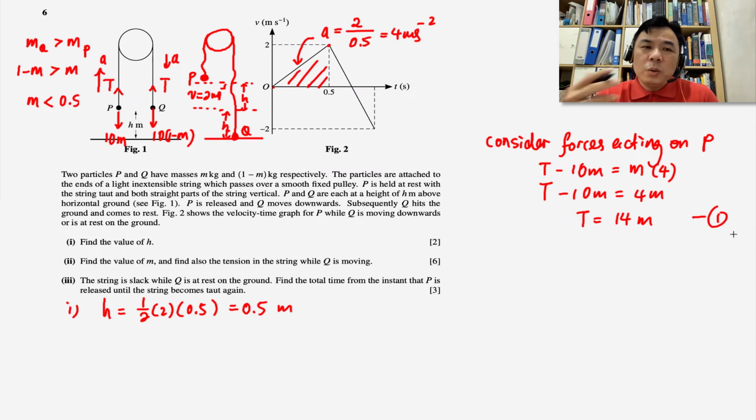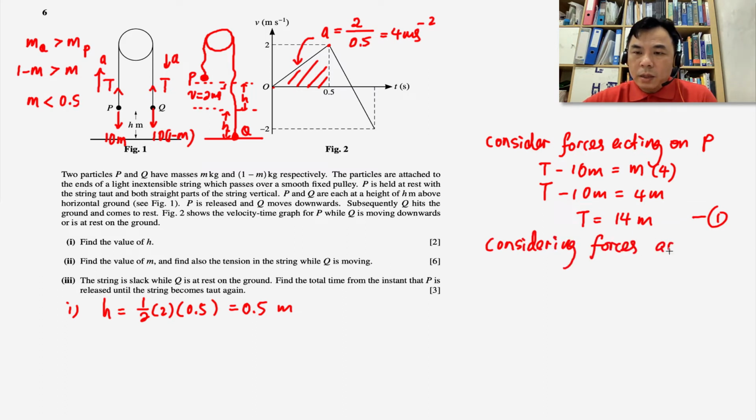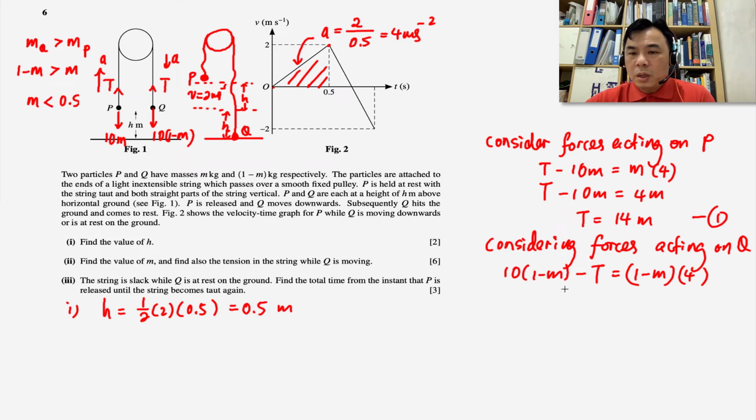Okay, now the second equation that we can obtain is by considering forces acting on Q instead. Right, so that will be 10 times 1 minus M, minus the tension, is equal to 1 minus M times A, which is 4 here. And then now the same thing here, we are going to rearrange this. You can simplify the 1 minus M if you want.